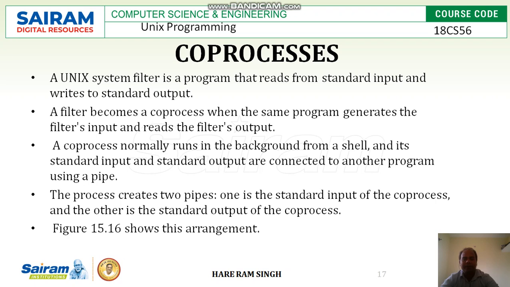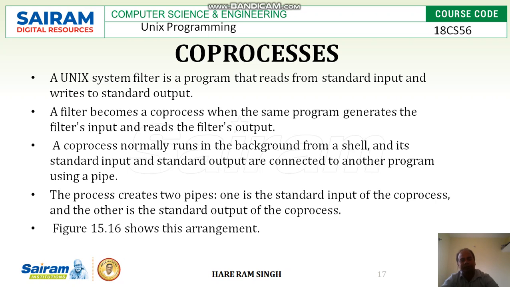A filter is a system program which reads input from standard input, like the keyboard, and writes data to standard output, like the screen or monitor. A filter becomes a coprocess when the same program generates the filter's input and reads the filter's output.